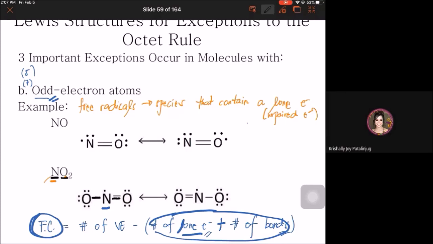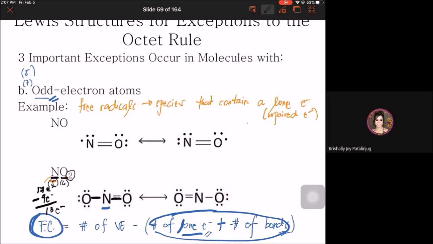Total valence electron. Oxygen has 6 times 2, 12. Okay. Then, plus 5, 17. Okay, 17 electrons. So, from 17 electrons, minus ka ng, di ba, nag-provide ka na ng first 2 bonding pair. So, that would be minus 4 electrons. So, you got 13 electrons na lang.